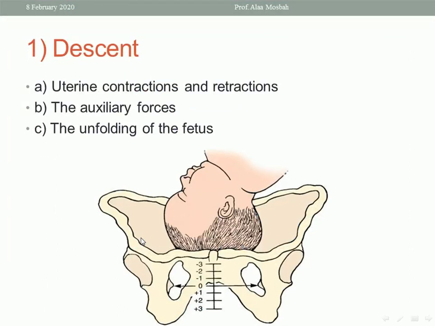Descent of the head occurs due to uterine contractions and retractions, and by the effect of auxiliary forces, involuntary and voluntary uterine contractions, and by the unfolding of the fetus.